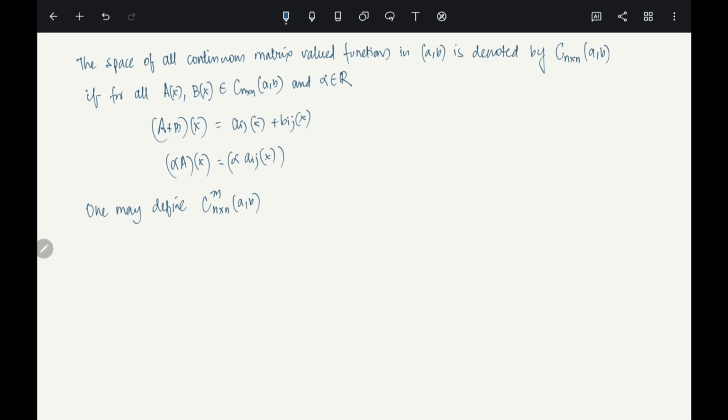So basically this is the space of all m times continuously differentiable matrix valued functions in [a, b], okay.